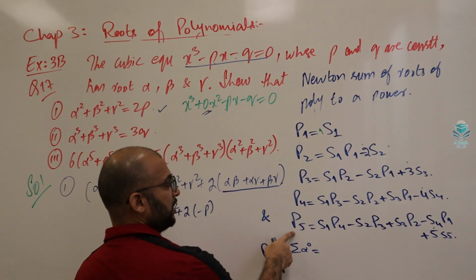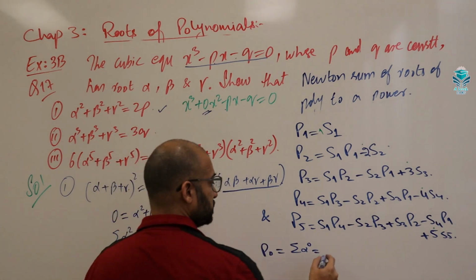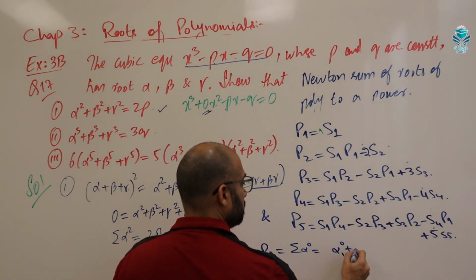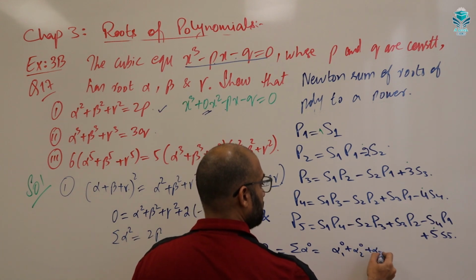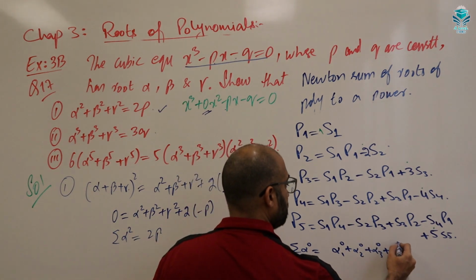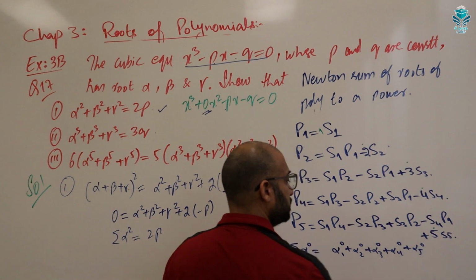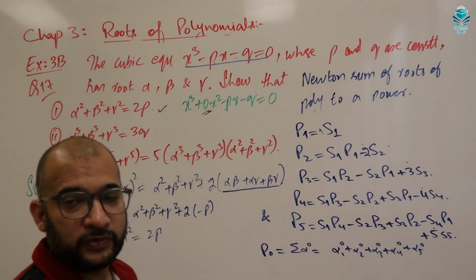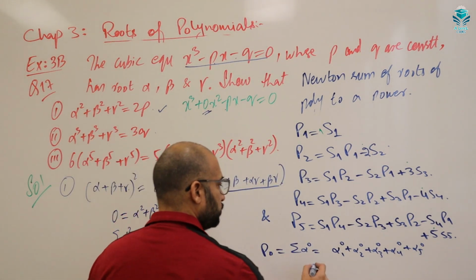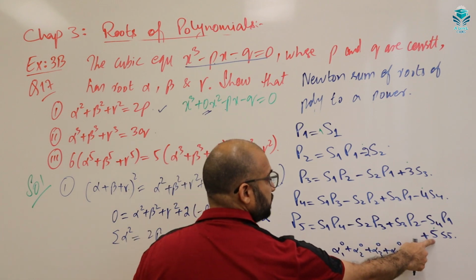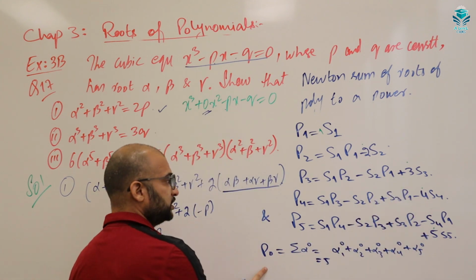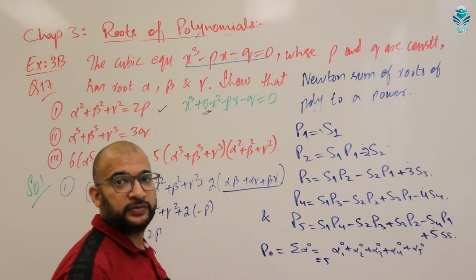Let's say we have 5 roots, alpha 1 to the 0, alpha 2 to the 0, alpha 3 to the 0, alpha 4 to the 0 and alpha 5 to the 0. Since power 0 is 1, the result you will get is 5. So these coefficients 5, 4, 3 are basically the p0 for the corresponding. Understand?